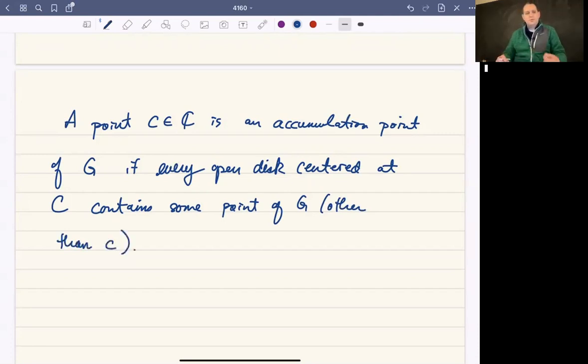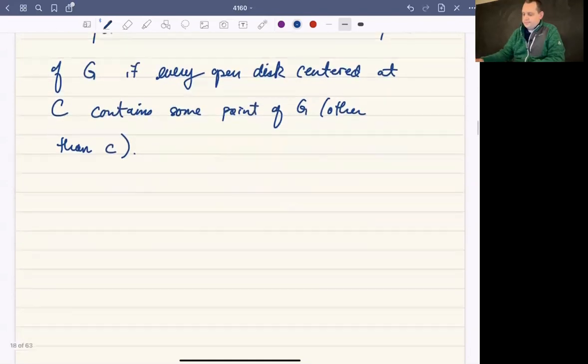It's possible that the point C is not actually even in G, in which case everything is fine. But even if C is in G, we still require that the set G is contained in every disk centered at C. So here's what I mean.